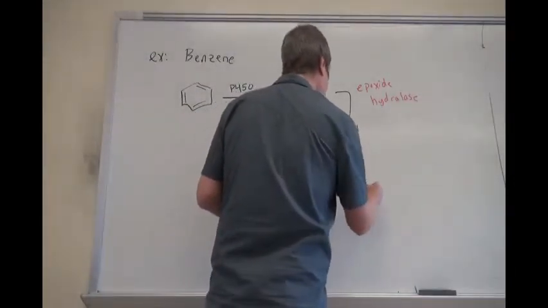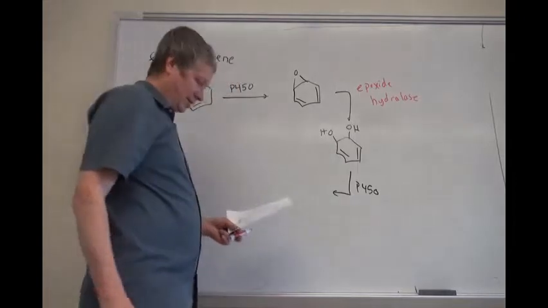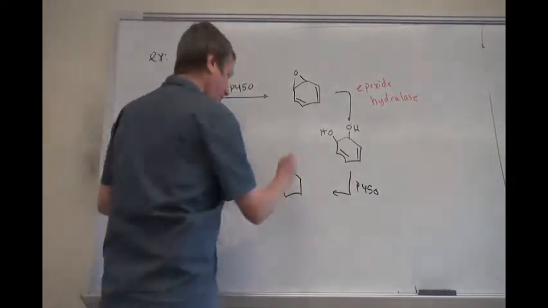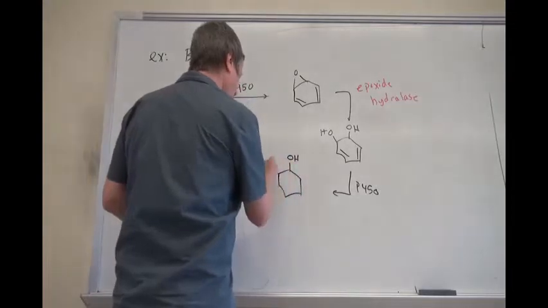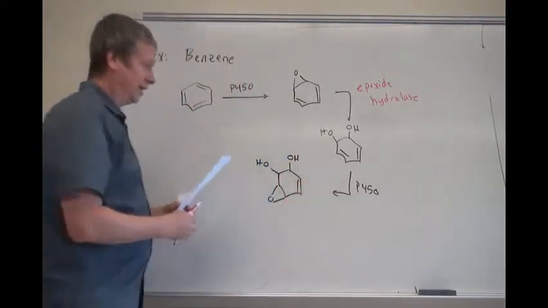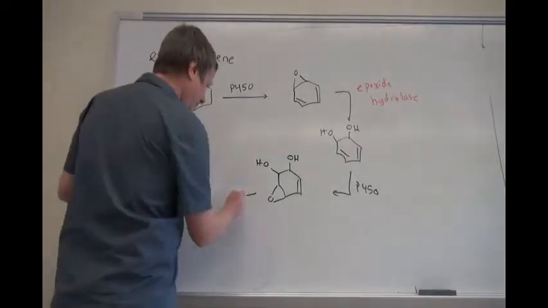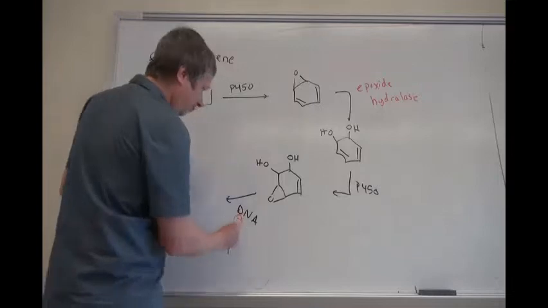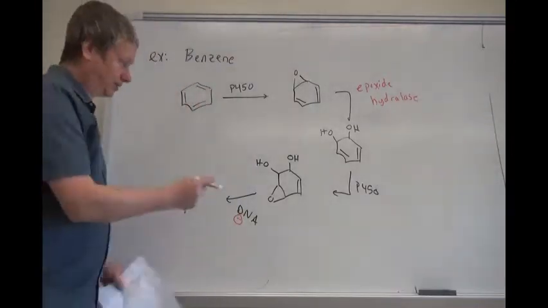But anyway, then it does it again. And it epoxidizes another double bond. And now your DNA comes in. And now you have your toxic electrophilic metabolite.